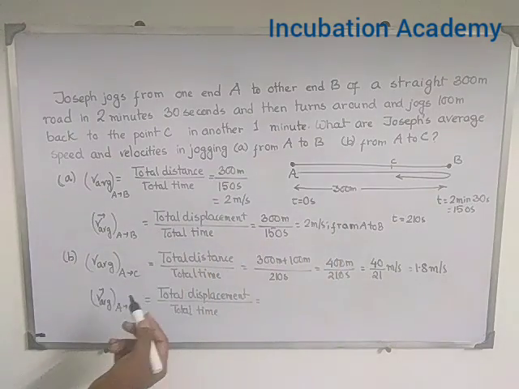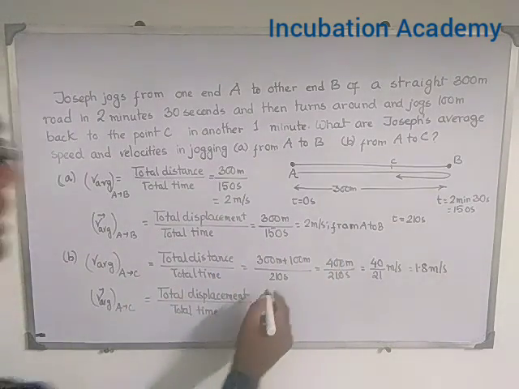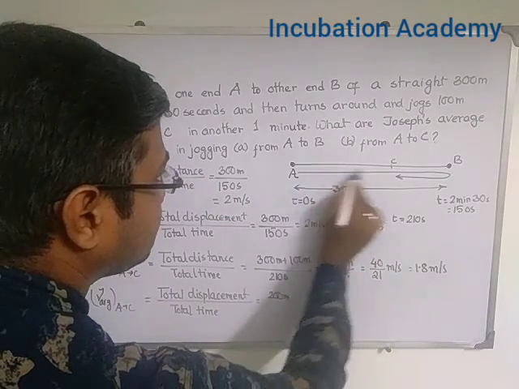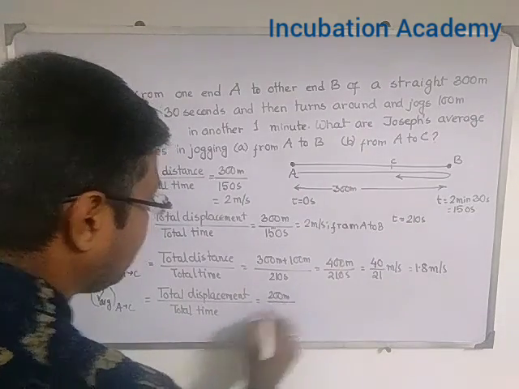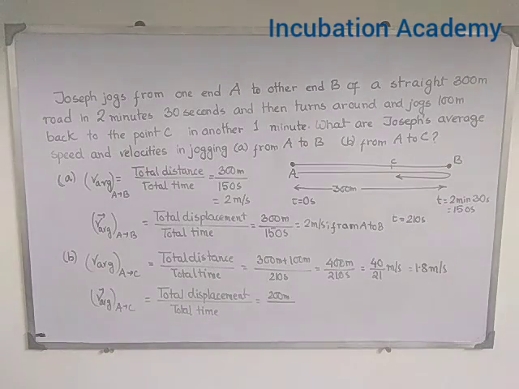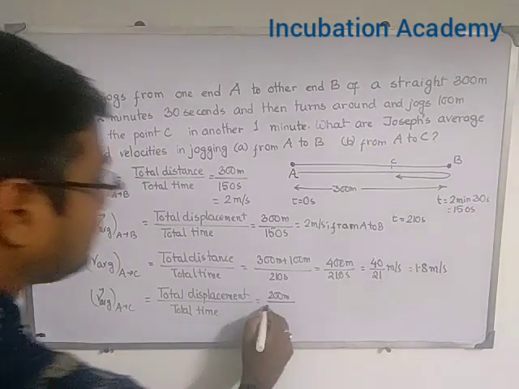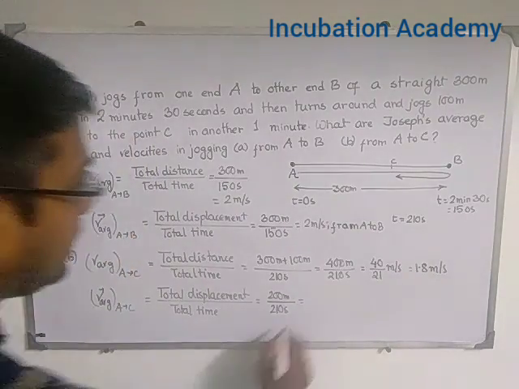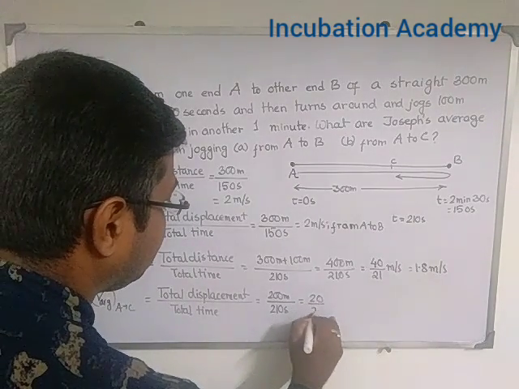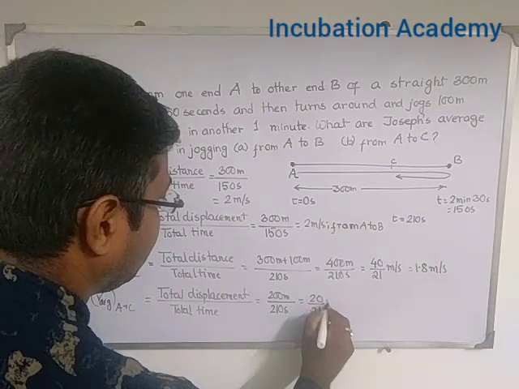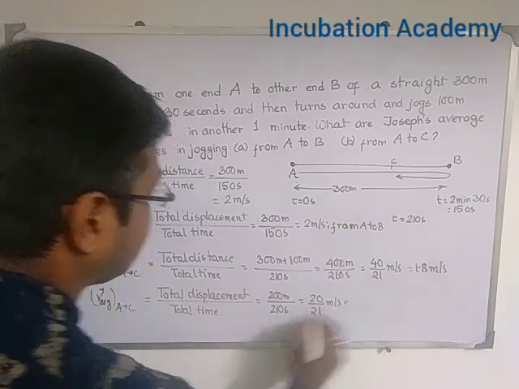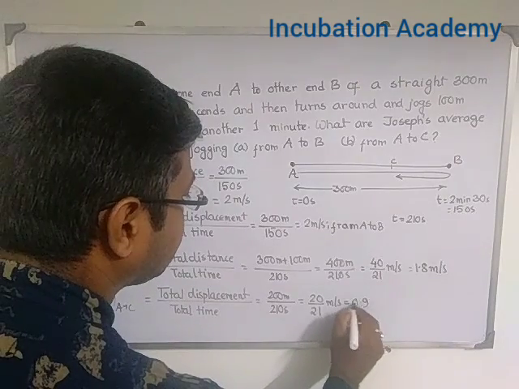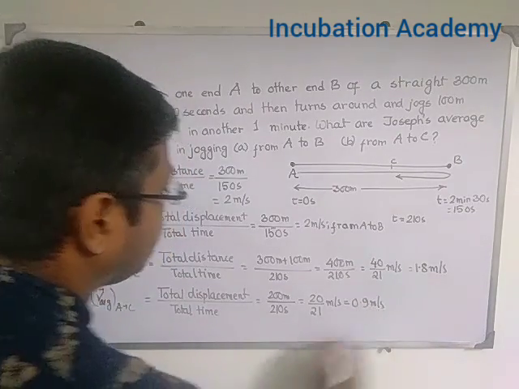So what is the straight line distance between the point A and C? That is 200 meter, from here to here. What is the time taken by Joseph? 210 seconds. So that is 20 divided by 21 meter per second, which is approximately 0.95 meter per second.